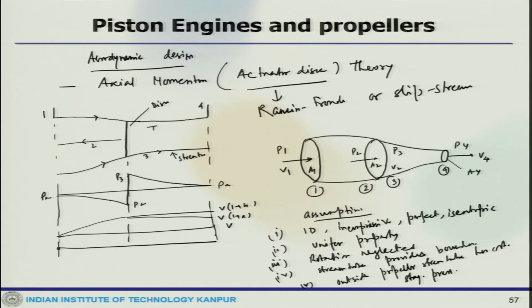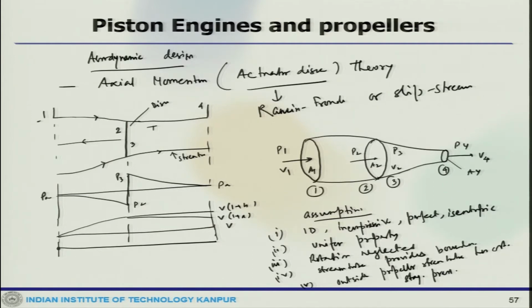So, this particular diagram provides you the pressure velocity diagram. So, 1 is the free stream far from the propeller, 2 is just in front of the propeller, then 3 is just after the propeller, 4 is again further downstream of the propeller. So, the distance between 2 and 3 is infinitesimal because the disc is thin and this is what is assumed.